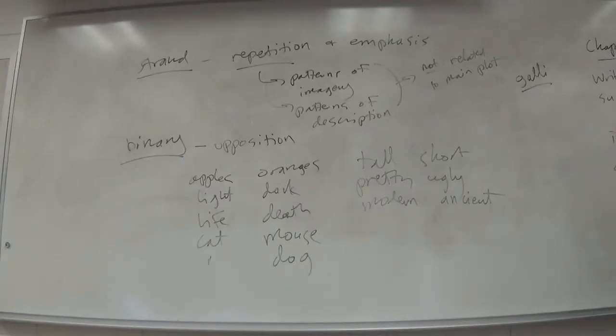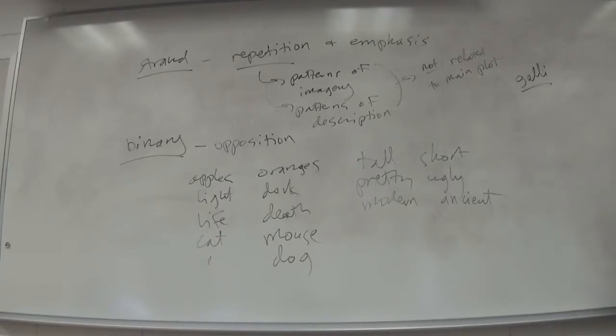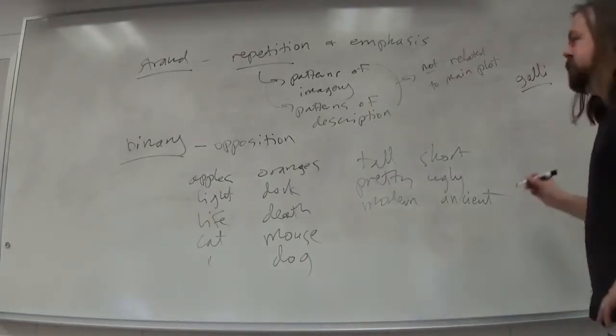Right. So the third type of thing you want to look for in any given text is actually not a pattern at all. You also want to look for what are called anomalies. Things that come out of the blue. Things that just don't seem to fit, right? Nothing is in a text for no reason at all.